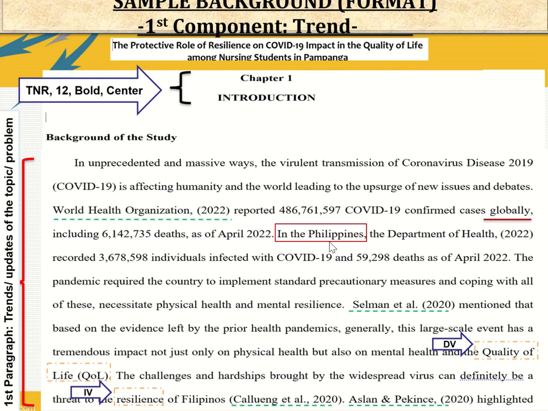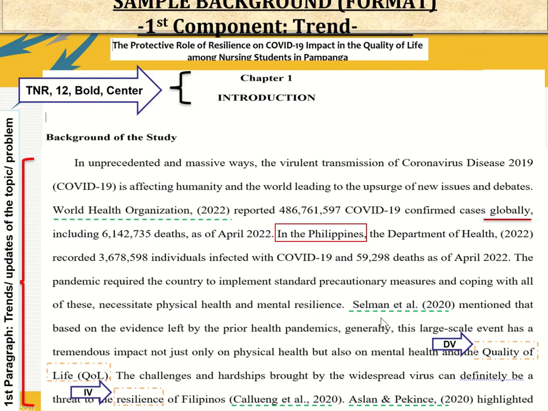Such as in this example, in the Philippines, the Department of Health 2002 recorded 3,678,598 individuals infected with COVID-19, etc. Okay, so pinakita dito yung global perspective and then down to the specific context, which is here in the Philippines.